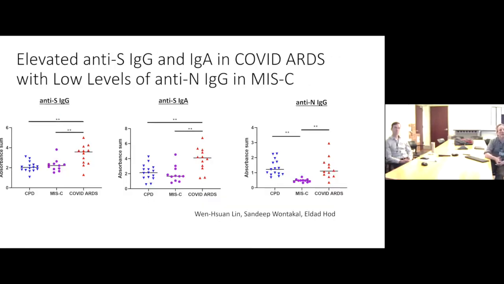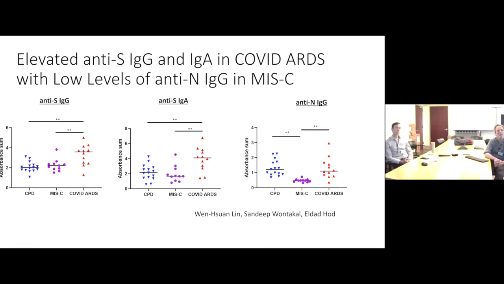So comparing the three patient groups, the convalescent plasma donors, CPD, patients with the MIS-C syndrome, and the COVID ARDS patients, the patients in the ICU, you can see that there are some differences in the quantitative levels of these anti-SARS-CoV-2 antibodies.